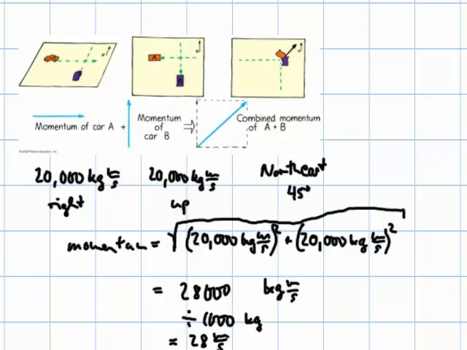Oh, I made a mistake. Whoops. So here we would have to divide by the mass of the two stuck together, which is now 2,000 kilograms, and we come up with a velocity of 14 meters per second.